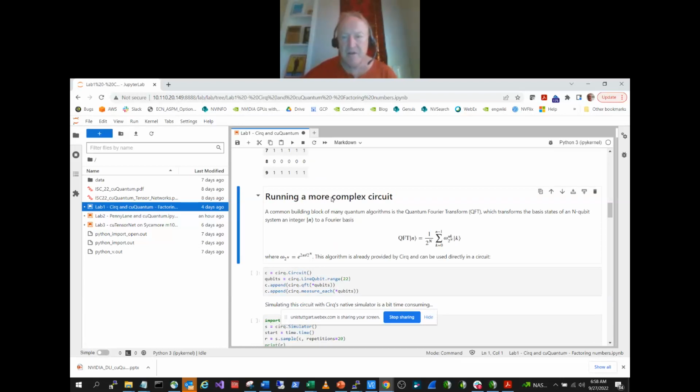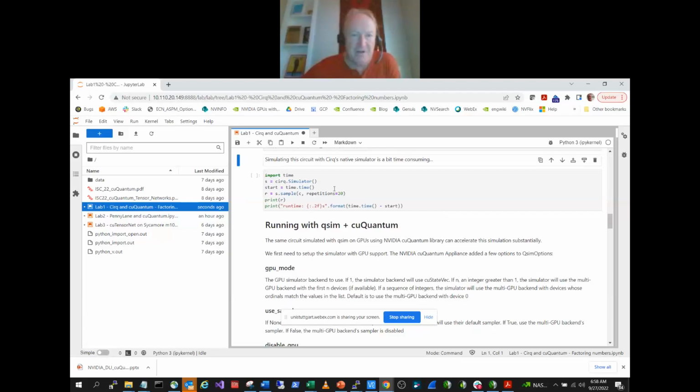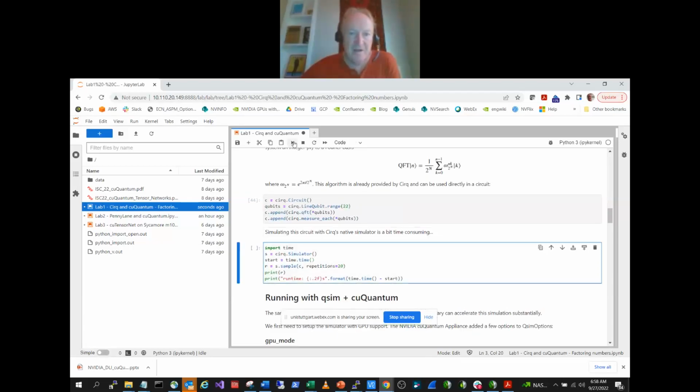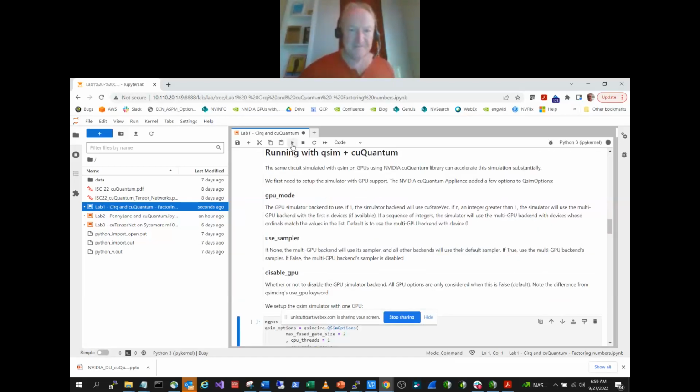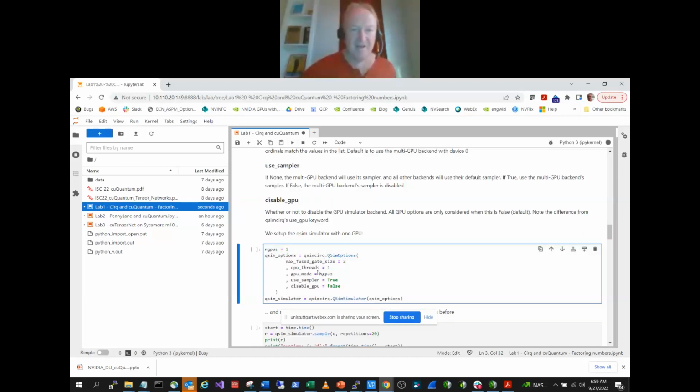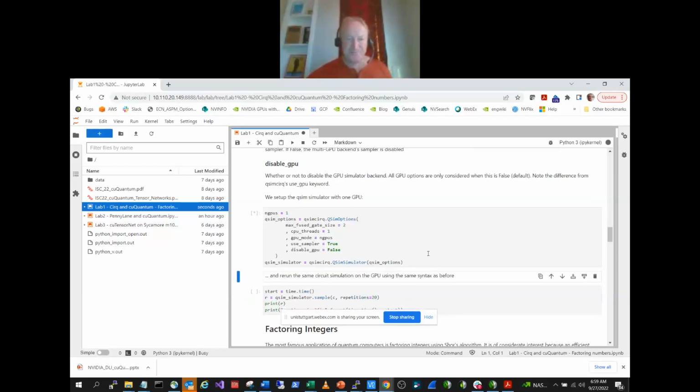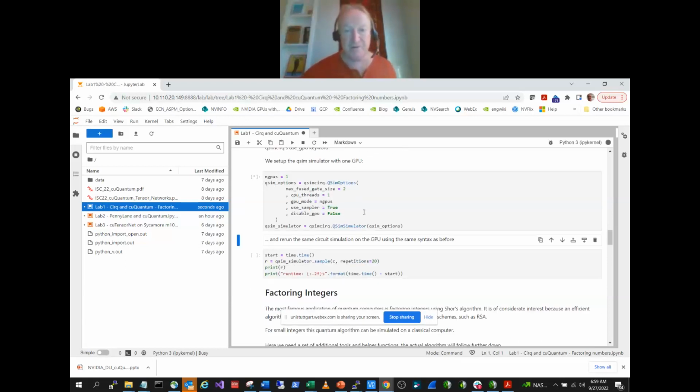This is a building block of many quantum algorithms, the quantum Fourier transform, QFT. We'll demonstrate that. Create a new circuit here and a simulator. This is how you configure the number of GPUs. We're just running a single V100 here. These are the main interface points for controlling your number of GPUs and whether you're using GPU or not.